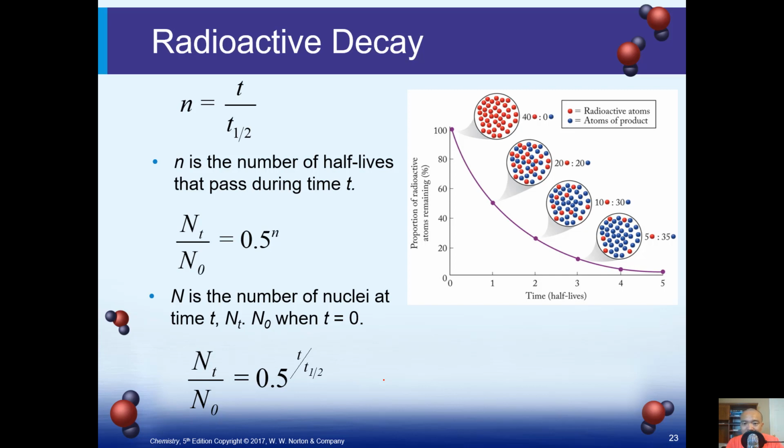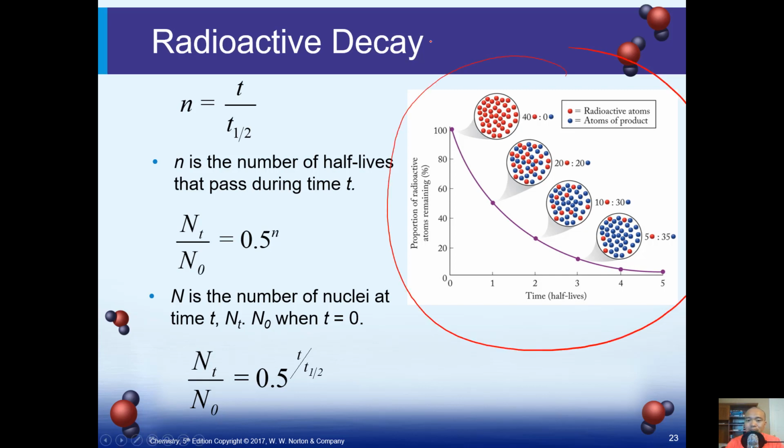It will have a characteristic half-life, which is defined as t half equals 0.693 over k. The half-life is defined as the amount of time required for the quantity of radioactive nuclides to decrease by half. As you would expect, the faster the rate of decay, the shorter the half-life. This concept is illustrated in this figure on your right side.